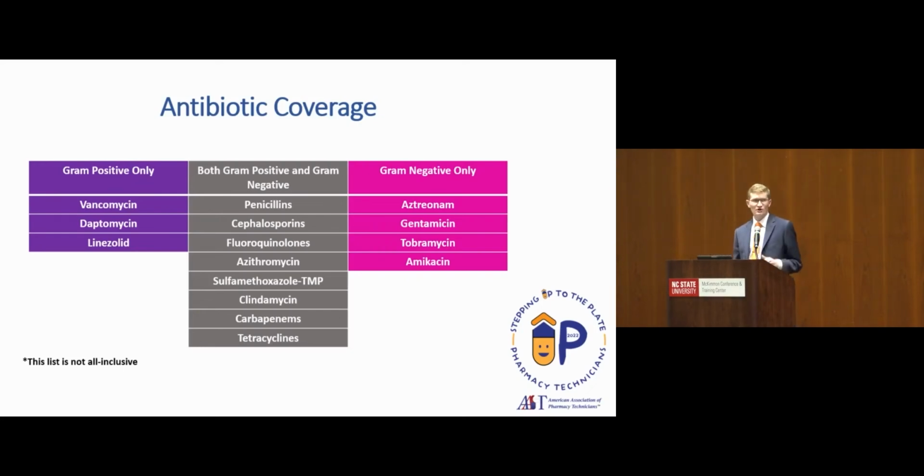And usually we're going to use our gram-positive only or our gram-negative only antibiotics when we're concerned about a more resistant bacteria. Like MRSA is a common gram-positive bacteria, or Pseudomonas aeruginosa is a common resistant gram-negative bacteria. But usually for most infections, we can use something that targets a little bit of both.